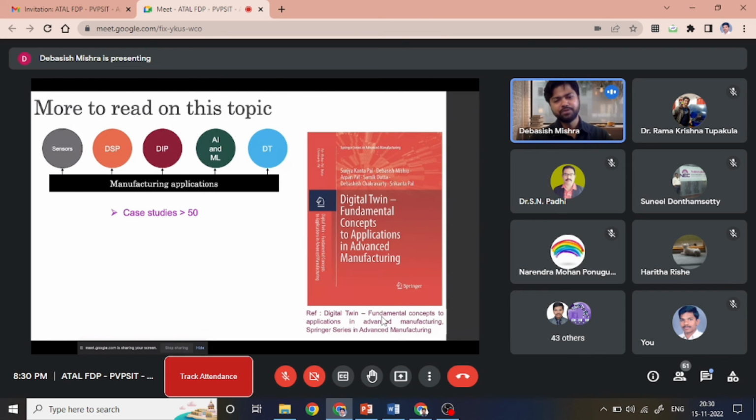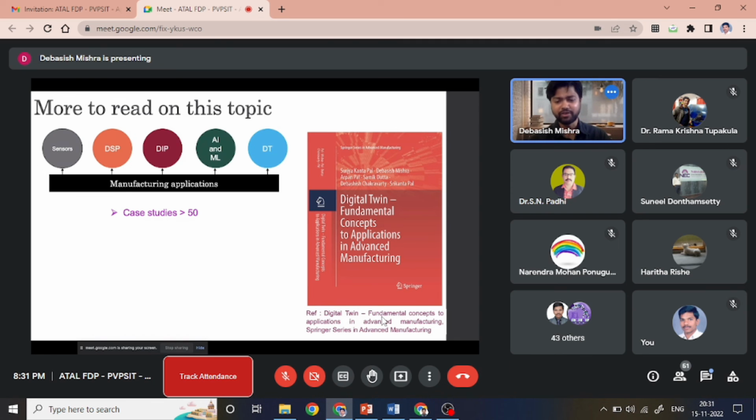I would like to say that you can refer to this book, The Digital Twin: Fundamental Concepts and Applications in Advanced Manufacturing. I am one of the co-authors of this book, and it gives a whole lot of ideas about the application of digital twin, and the concepts of IoT and cyber-physical systems. The uniqueness of this book is that it builds on the fundamental theory, but it also discusses relevant case studies in manufacturing.